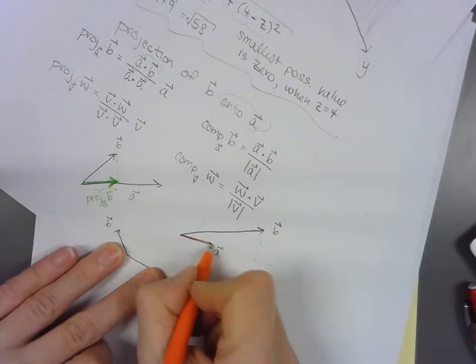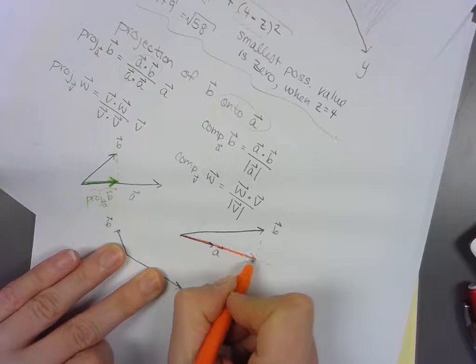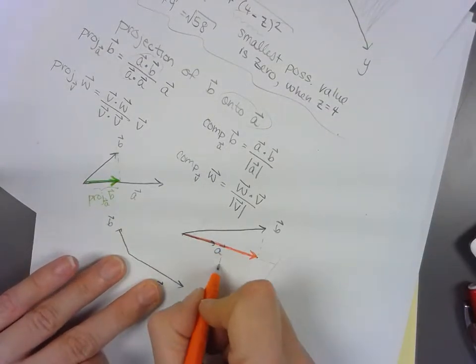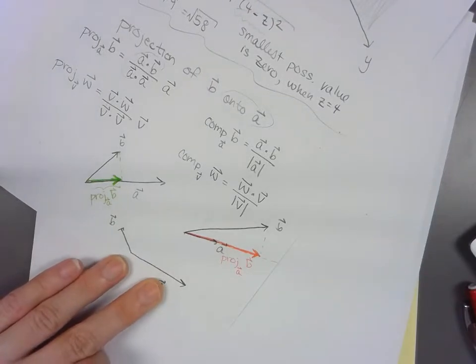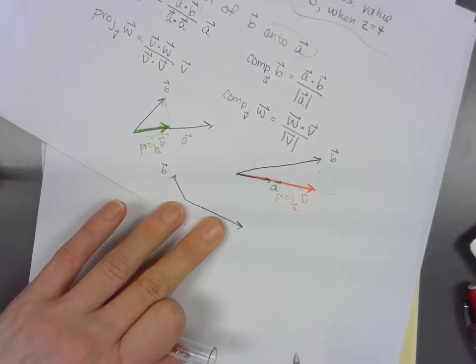And so now this whole thing is the projection of B onto A. Then the component would be the length of that shadow.